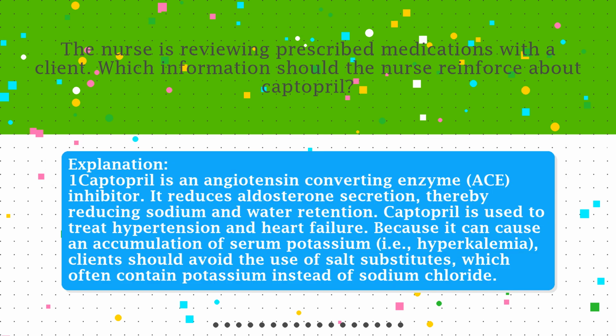Captopril is an angiotensin-converting enzyme, ACE, inhibitor. It reduces aldosterone secretion, thereby reducing sodium and water retention. Captopril is used to treat hypertension and heart failure. Because it can cause an accumulation of serum potassium, i.e., hyperkalemia, clients should avoid the use of salt substitutes, which often contain potassium instead of sodium chloride.